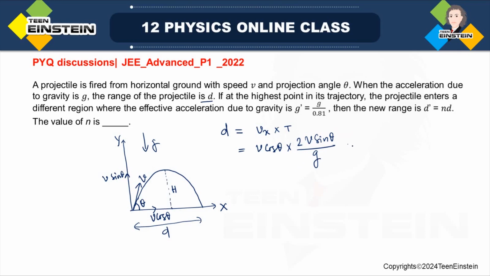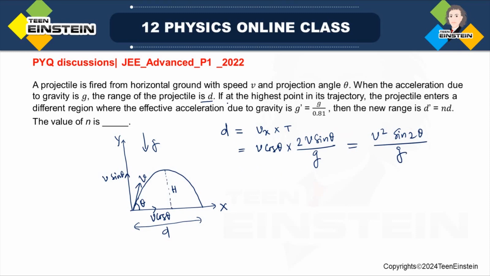Okay, so finally it will give you v square sin 2 theta by g. So this is the expression for the range.